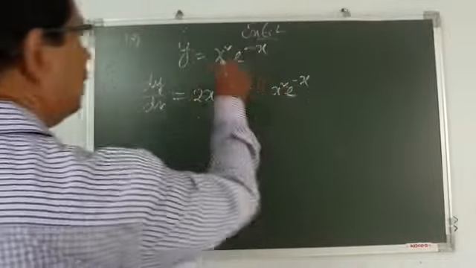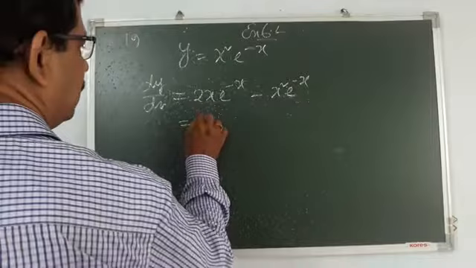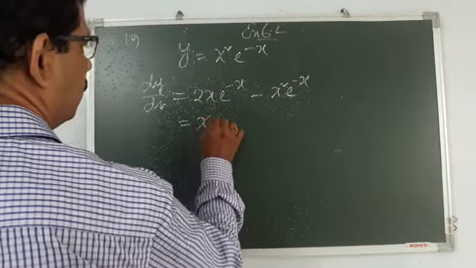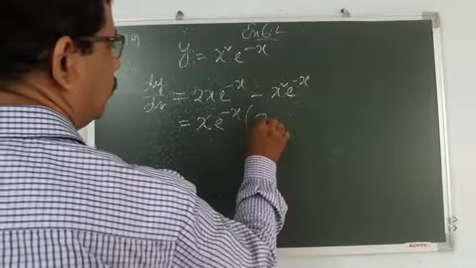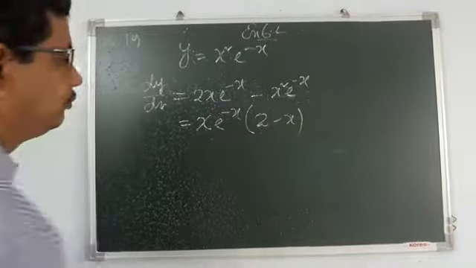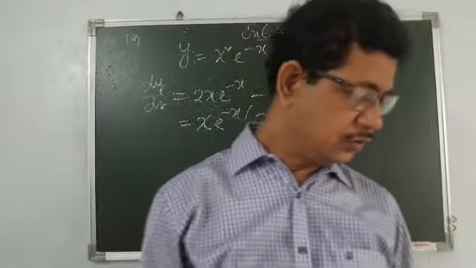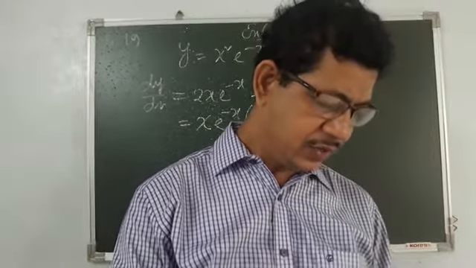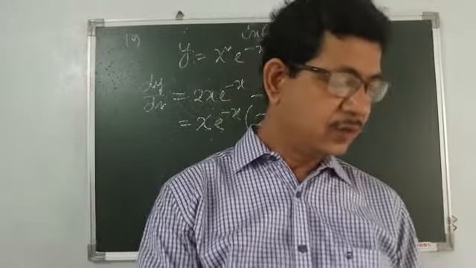Now we can take x common and e to the power minus x common, giving 2 minus x. This is our differentiation.